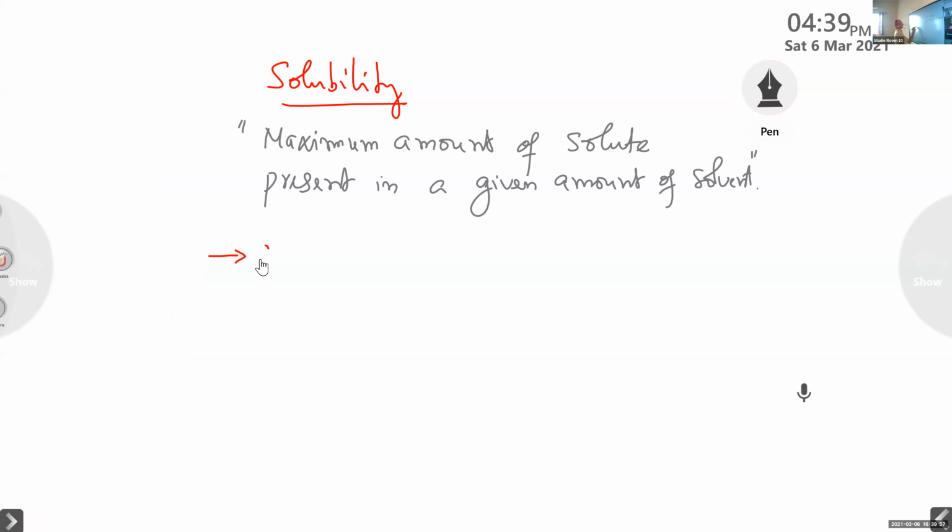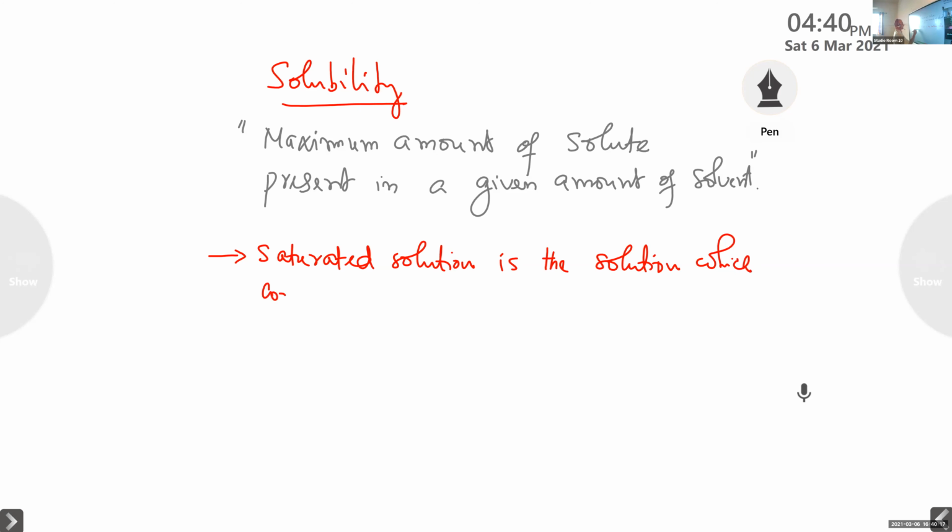A saturated solution is the solution which contains the maximum amount of the solute.